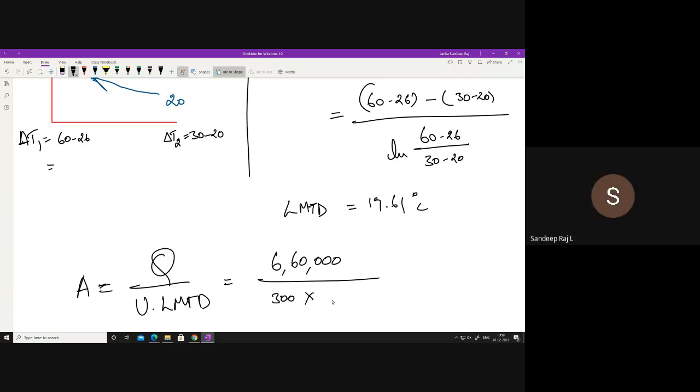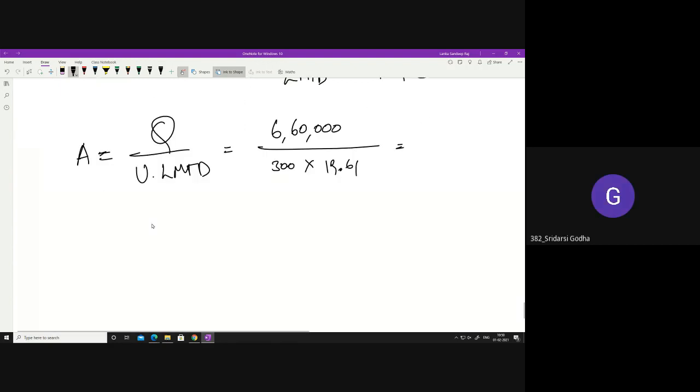And LMTD just now found out, it is 19.61. Tell me what is the area value? 112.18. A_c is equal to 112.18. So this is what he has asked you to find.